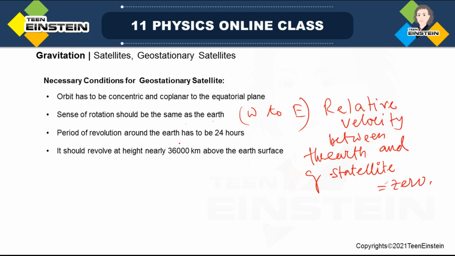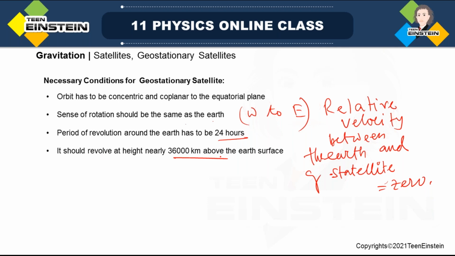And the period of revolution around the Earth has to be 24 hours, such that it looks stationary, and it should revolve at a height of nearly 36,000 kilometers above the Earth's surface.